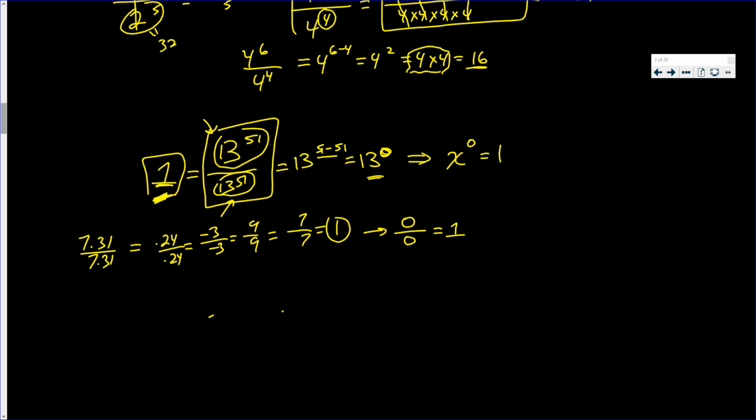Now, let's just look at something. Is 7.31 over 7.31 equal to 1? Well, any number times 1 is going to equal that number. 7.31 times 1 does equal 7.31.